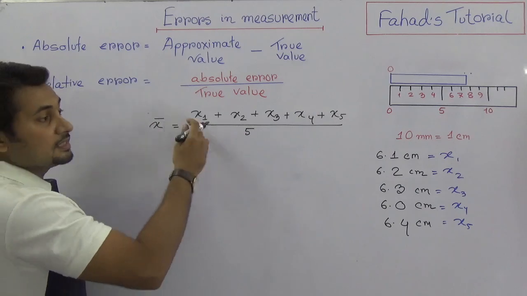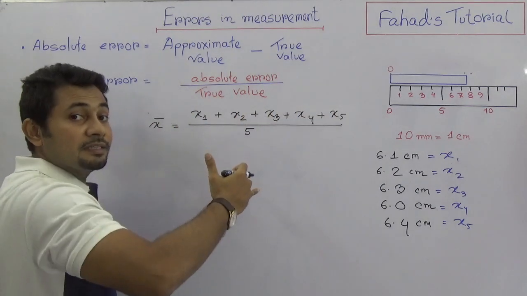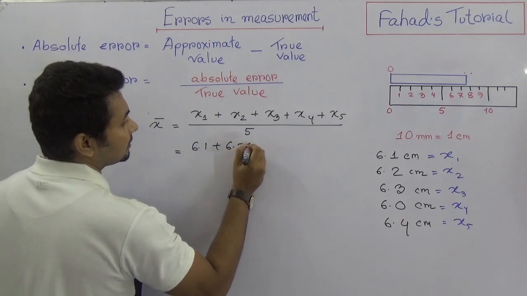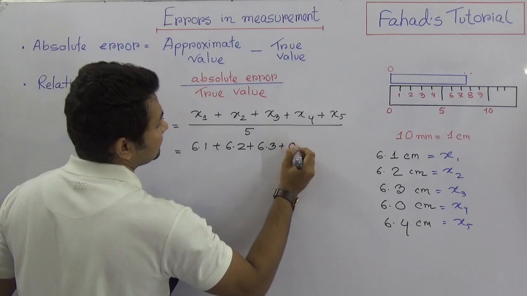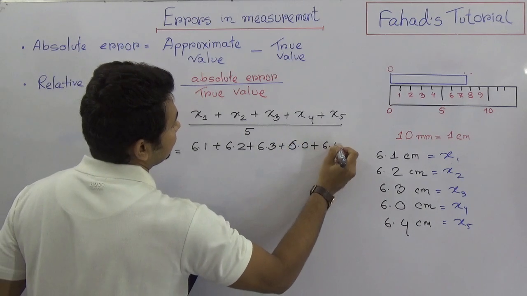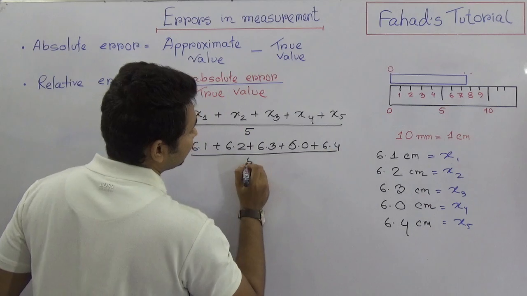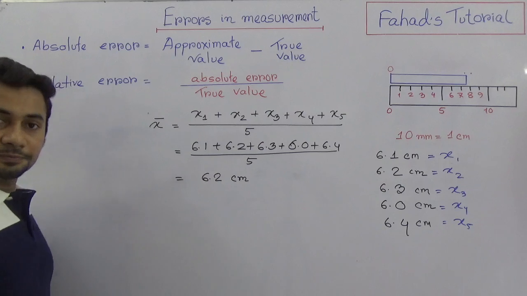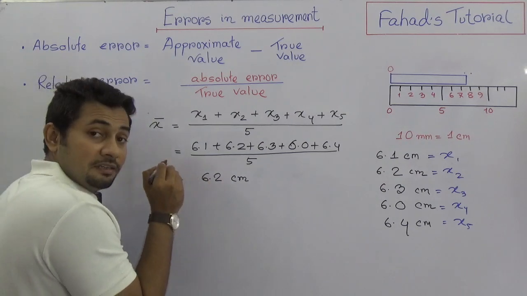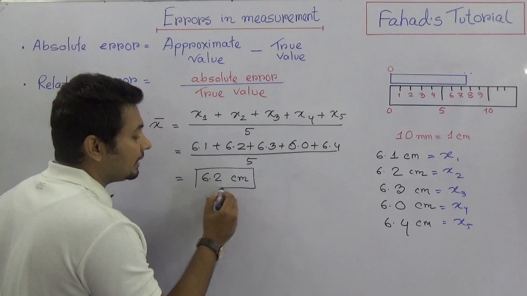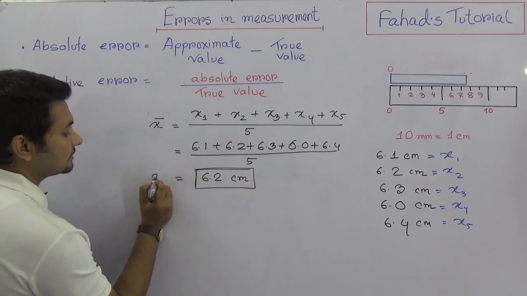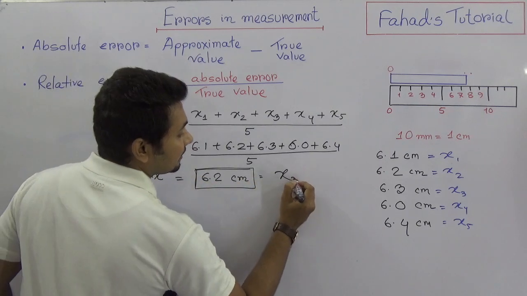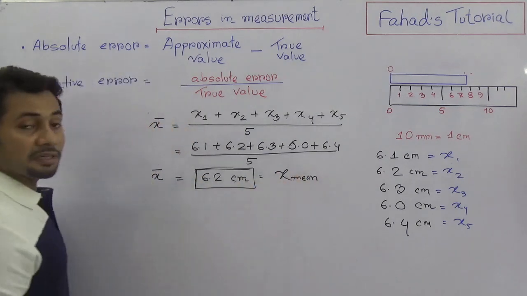So simply it would be 6.1 plus 6.2 plus 6.3 plus 6.0 plus 6.4, divided by 5, and the result would be 6.2 centimeter. So this is the mean length, x mean, the arithmetic mean.